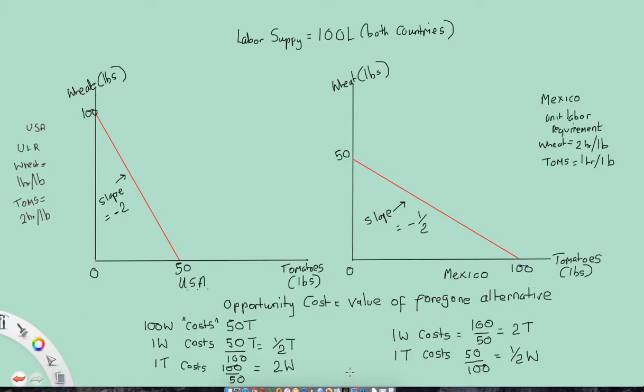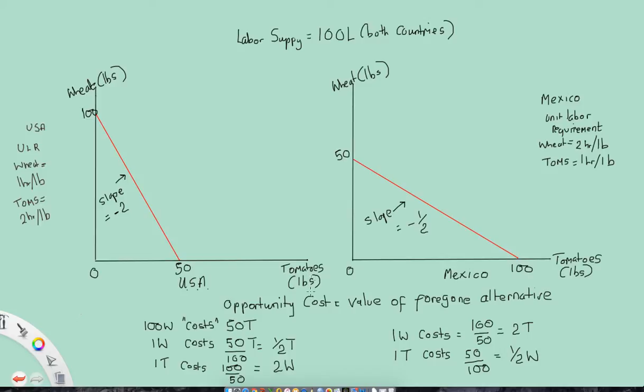And I want you to notice, of course, that reminds you of the opportunity cost. In fact, this will always be the case, that the absolute value of the slope, which means you don't need the minus sign, is the opportunity cost of the good on the horizontal axis. So if I flipped my axes around and I had wheat on the horizontal, it would be the opportunity cost of wheat.